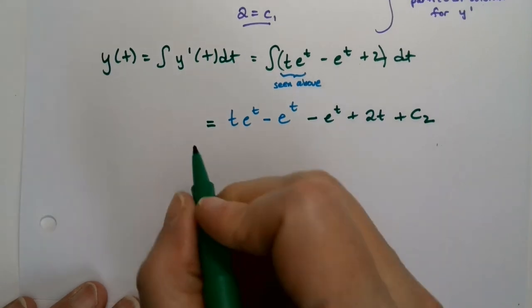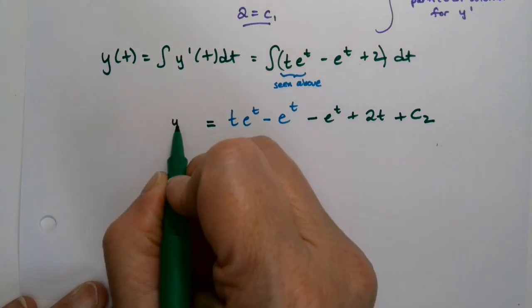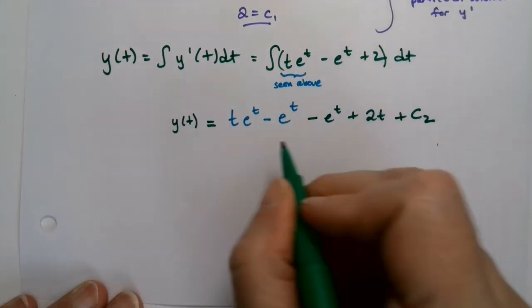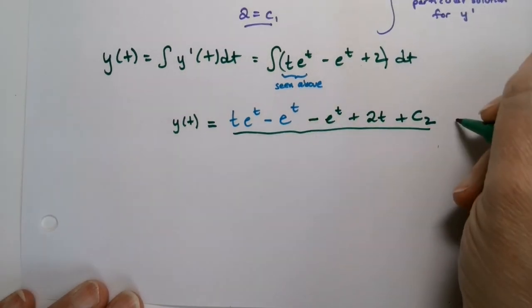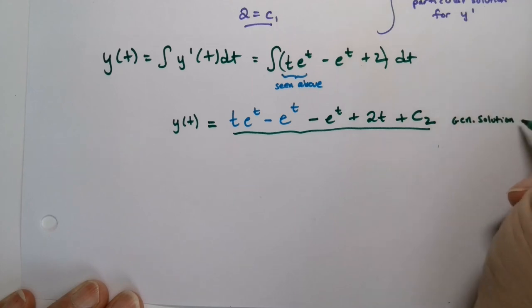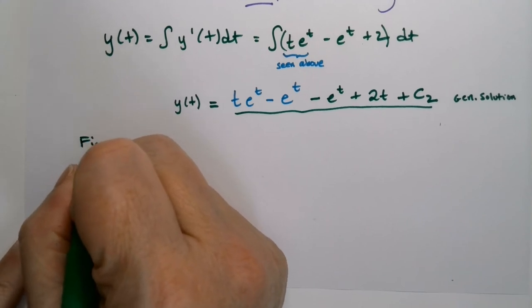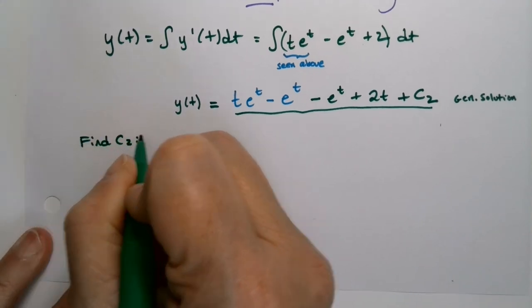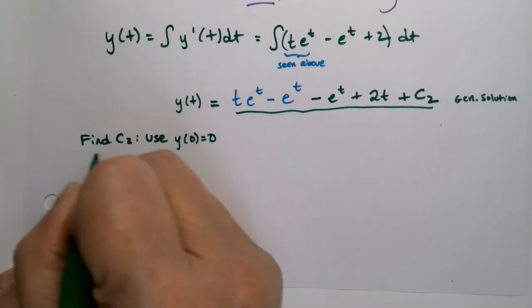Interesting. Okay, so I can clean this up in a second, but this works as a general solution. It's not cleaned up because these two are like terms, but it's still a general solution. So now I could find C2. To find C2, I'm going to use that y of 0 equals 0.